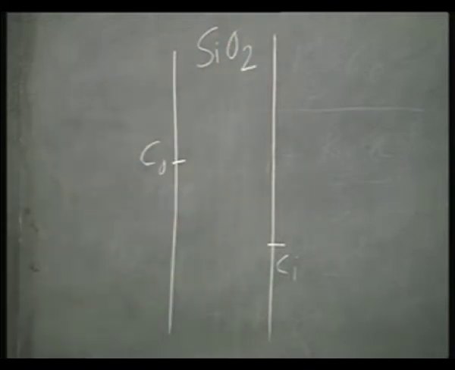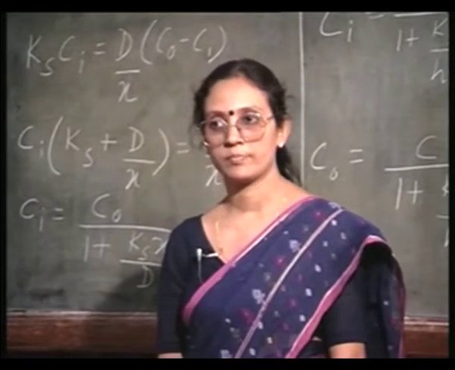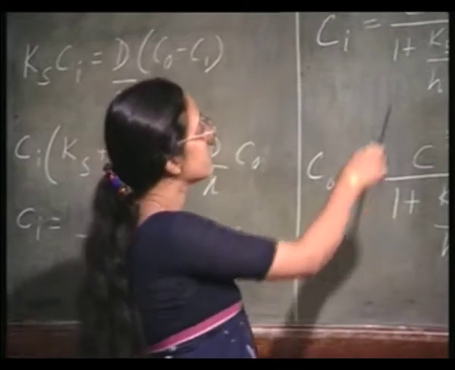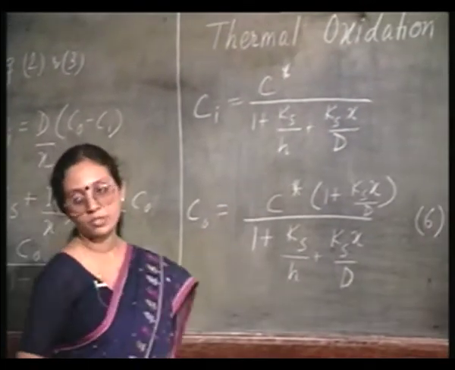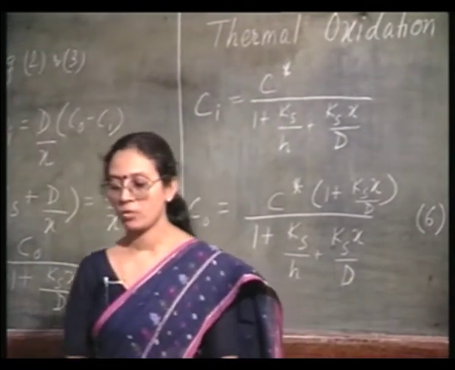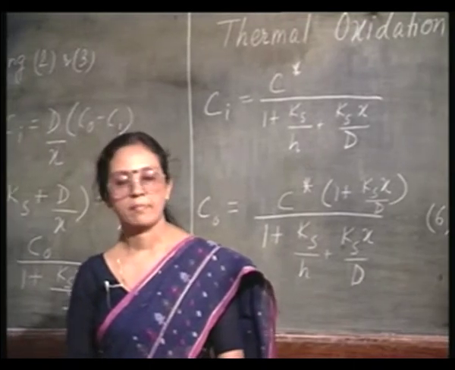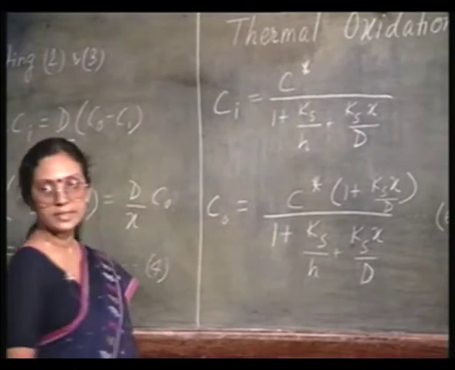Isn't it? Concentration of oxidizing species at the outer surface of the oxide and at the inner surface of the oxide. Okay. Now, from these relative expressions, what do we see? We see two interesting cases.